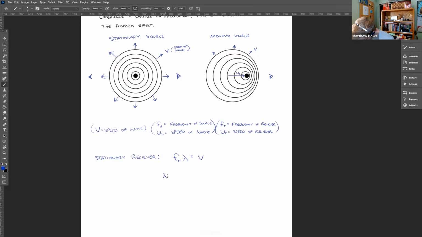So what's the wavelength going to be? I want to explain before I do it. For this stationary case, we know the wavelength is just this right here, just one of those.